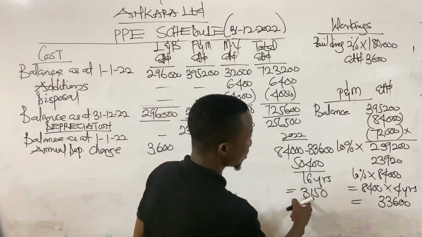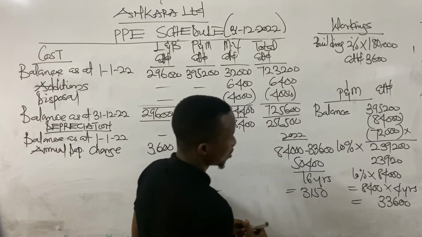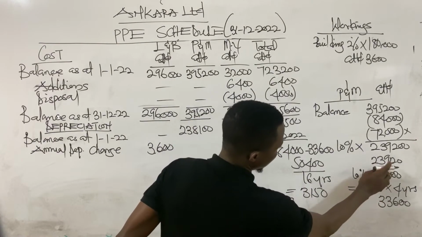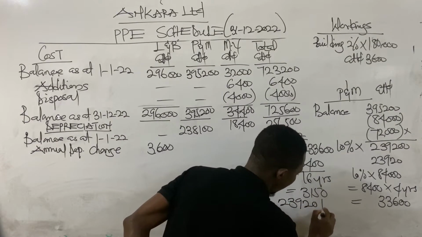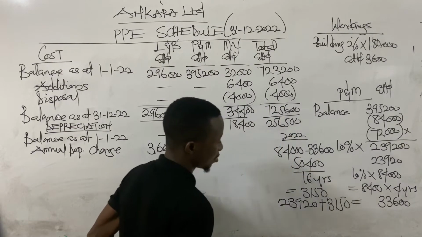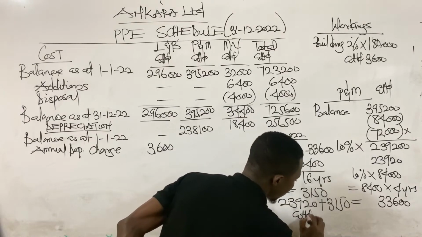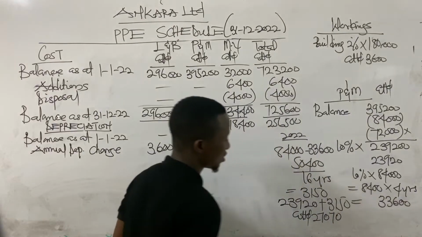So this is the annual depreciation charge of 8,400. We add this to the annual depreciation charge for this. Is that okay? So we add the two: 23,920 plus 3,150. These two annual depreciation charges will give us 27,070.